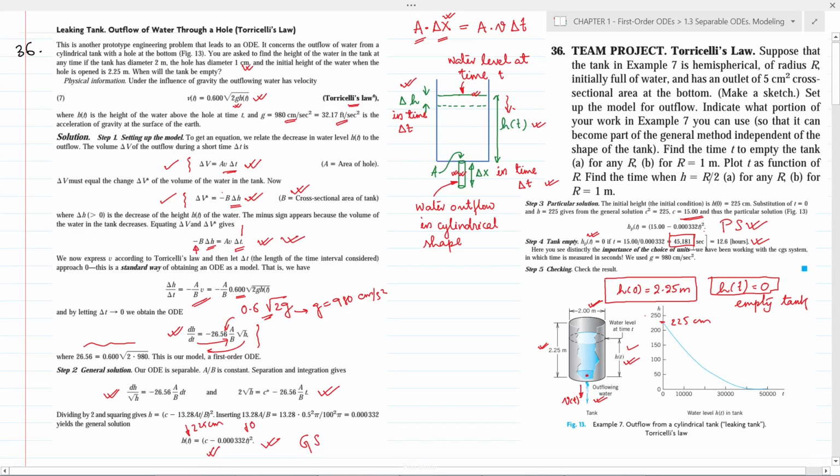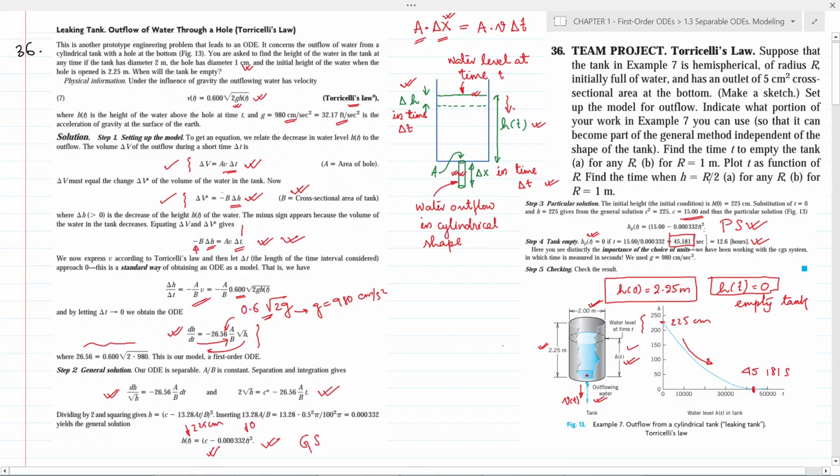So it lies between 250 and 200 centimeters. And the height of the water decreases with increase in time gradually and reaches 0 at time 45,181 seconds, which is plotted right here.